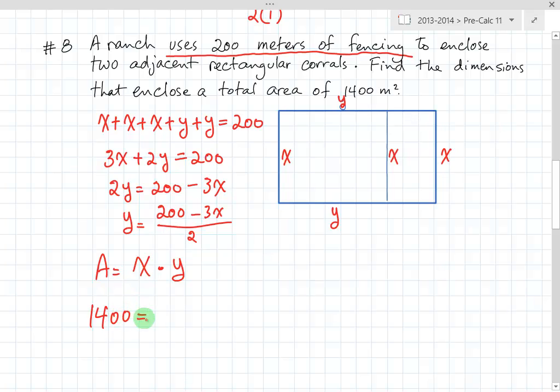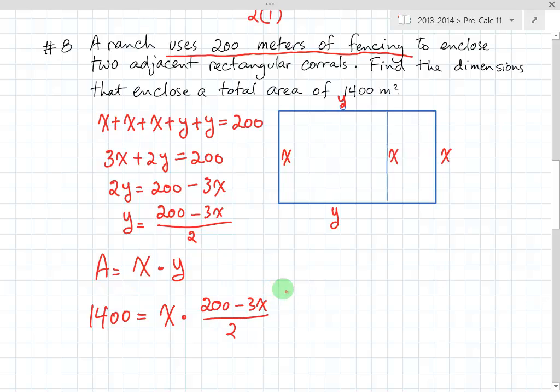So we're going to start replacing these things with those numbers. X is something that we want to find, right? Y, we've solved it for x here. We're going to replace it with that, right? (200 minus 3x) divided by 2, right? You go, okay, now everything's in terms of x. I can solve for x.